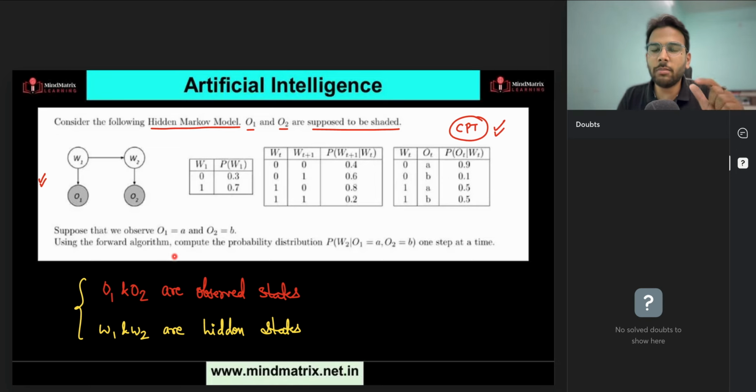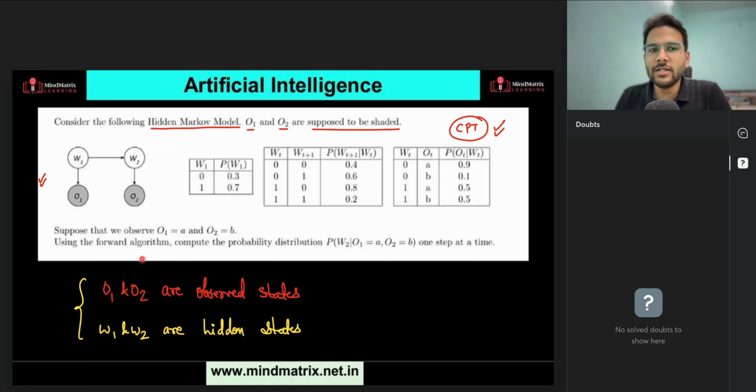We talked about certain values of observed states. So here also the values are given to us: O1 is equal to A, and O2 is equal to B.